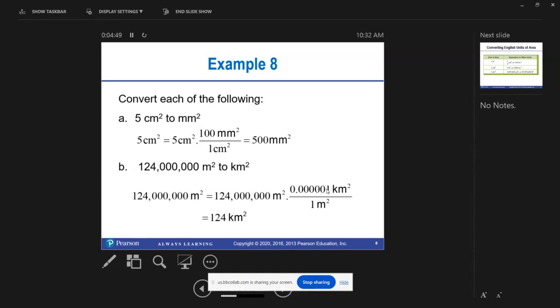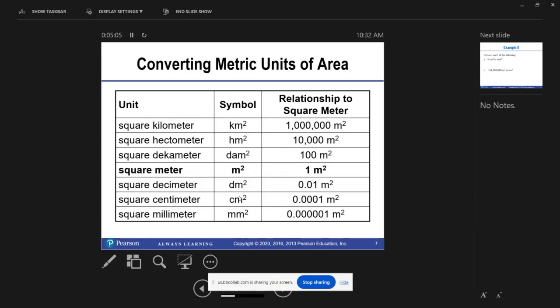Okay. So this just means that I'm going to move my decimal 1, 2, 3, 4, 5, 6 places. So that would basically cancel out all your zeros there. So you can use this chart to help you figure out what to multiply by.